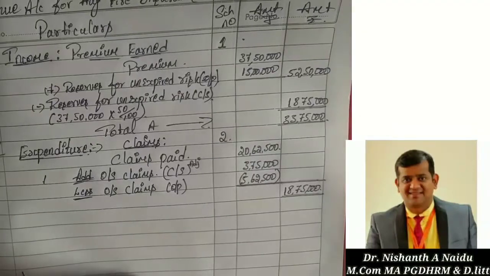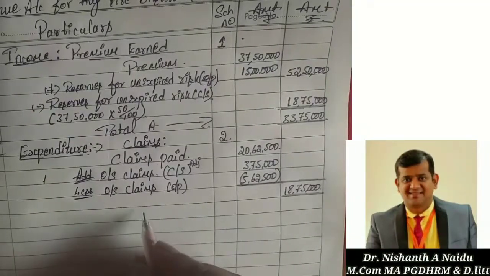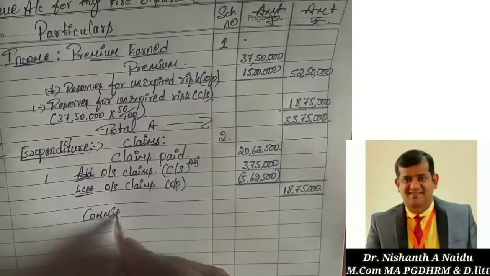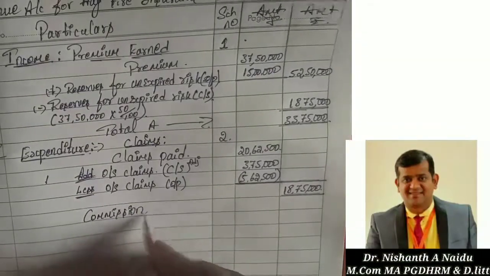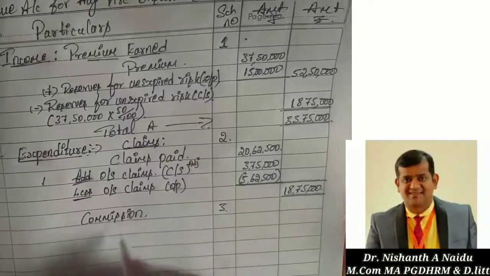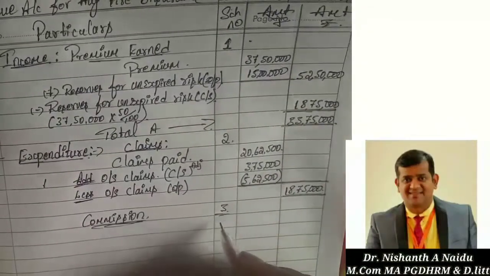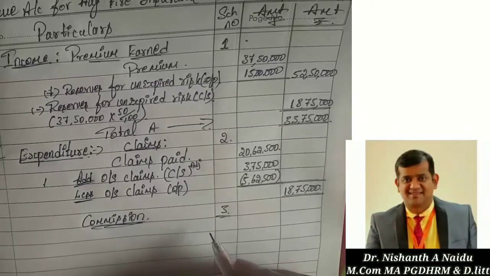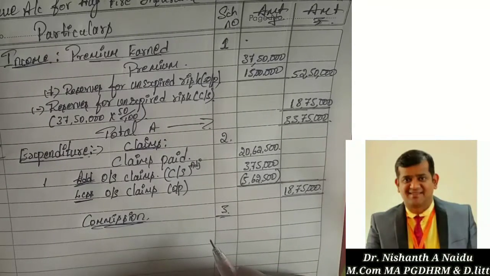Okay, so next we are moving to schedule number 3. So schedule number 3 is always commission. So commission paid, commission outstanding, that we have to check. So next is commission on direct business.